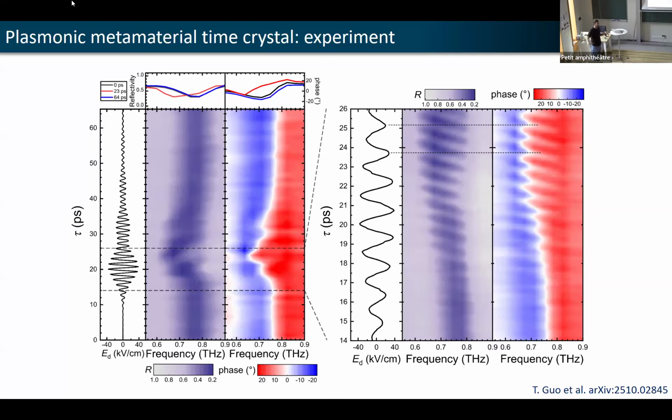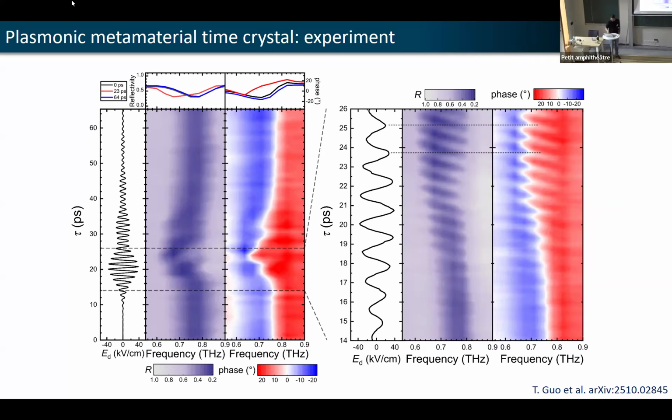It's not just following the envelope of the field; it's field driven. Every time you have an electric field, the cavity is modulated in time, both in amplitude and in phase. If we look more carefully, we see that there are two modulations per cycle. We drive the system at omega, and the modulation is at 2 omega.